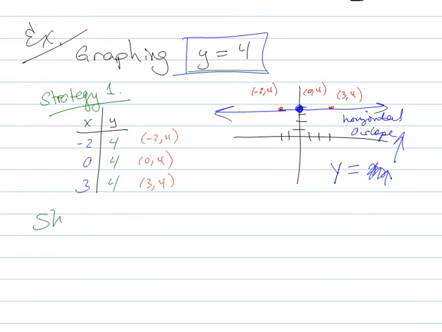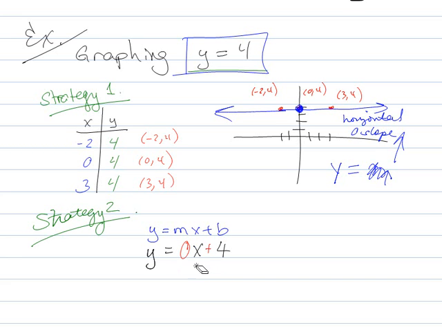Another strategy that some people use is to get this in the form y equals mx plus b. Remember, I originally had y equals 4. To make it match, what would m be? The answer is 0.